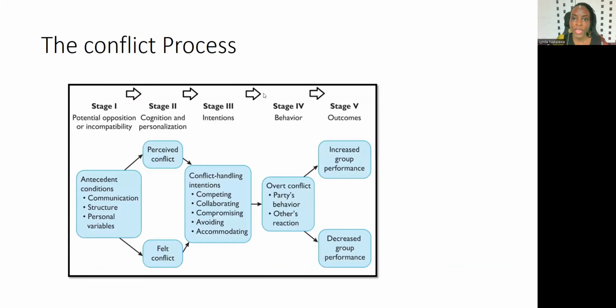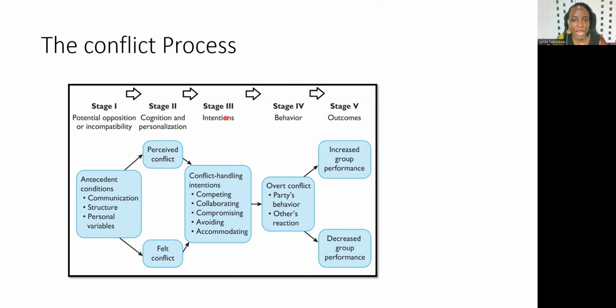Try to think for yourself about how a conflict can develop from stage 1, there is potential but no conflict, to stage 2, perceived conflict and felt conflict, to stage 3, we are thinking about how we handle this, the intentions.